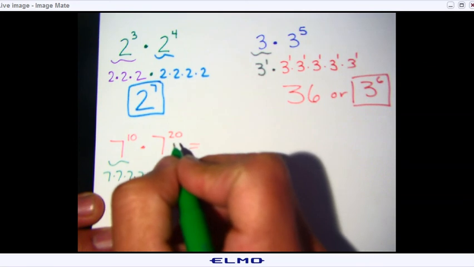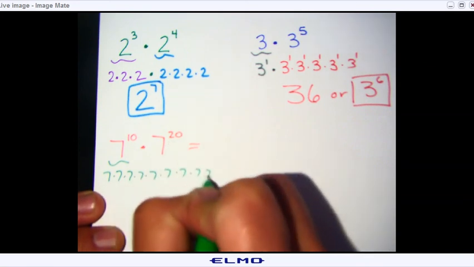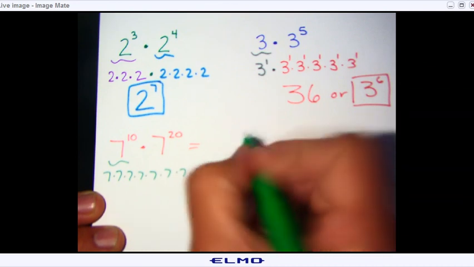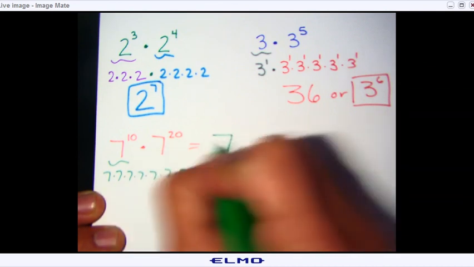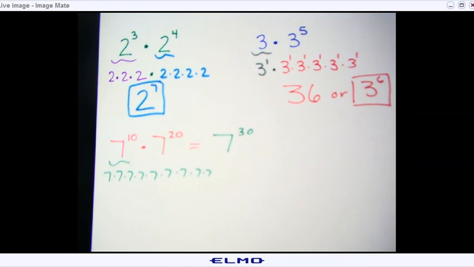You probably already have the answer, right? 7, 8, 9. What's my answer? 7 to the power of 30. Yes. So what did you do when they're all laid out? You added them, right?